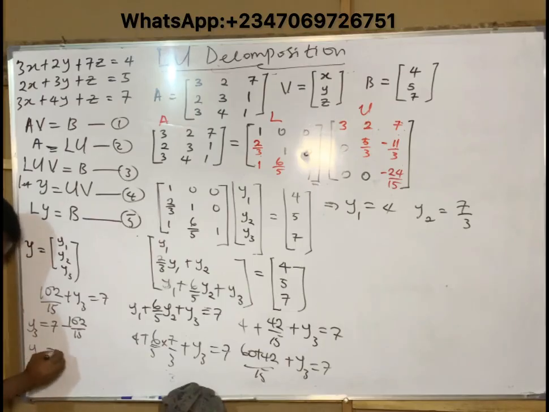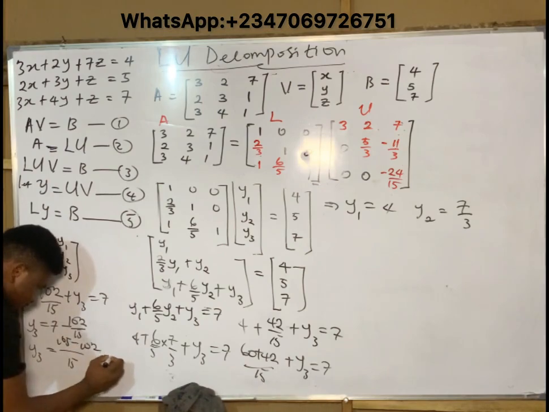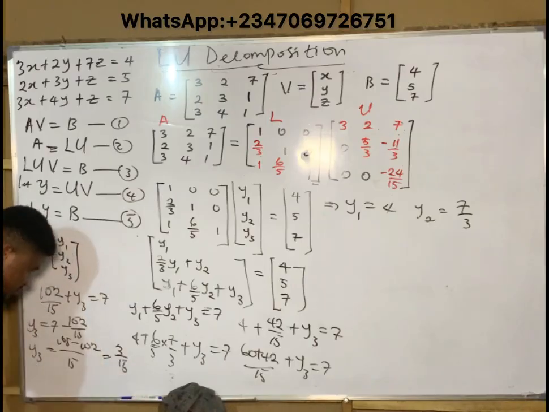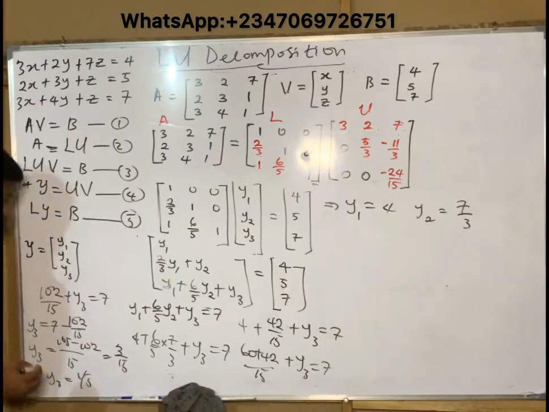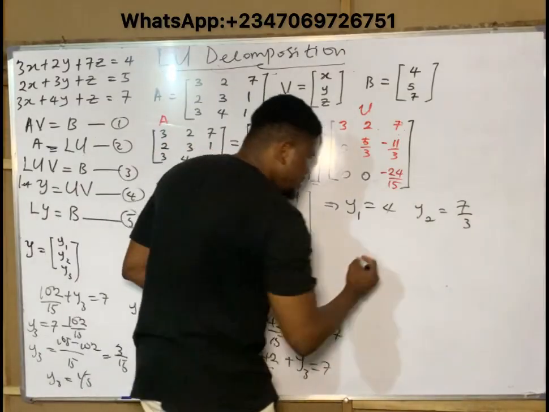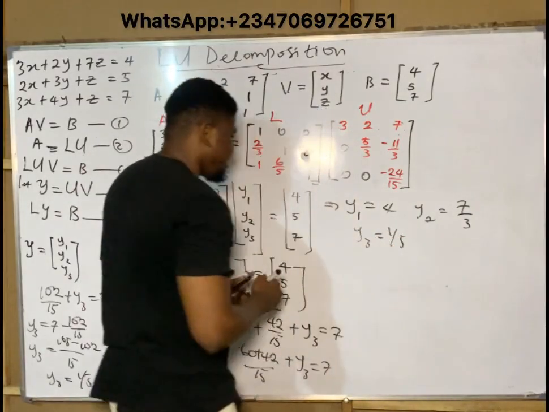The LCM is 15. 15 times 7 gives us 105 minus 102, which is 3 over 15. And 3 can go, which gives us 1 over 5. So y3 equals 1 all over 5.